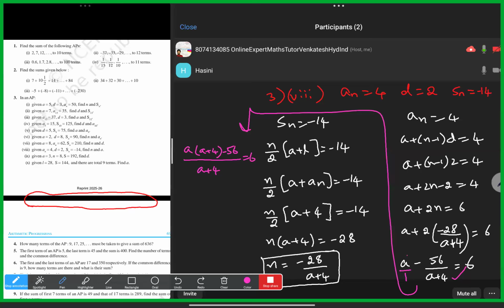So a into (a plus 4) is a square plus 4a, Hasni, and minus 56 is equal to 6 into a plus 6 into 4, 6a plus 24.